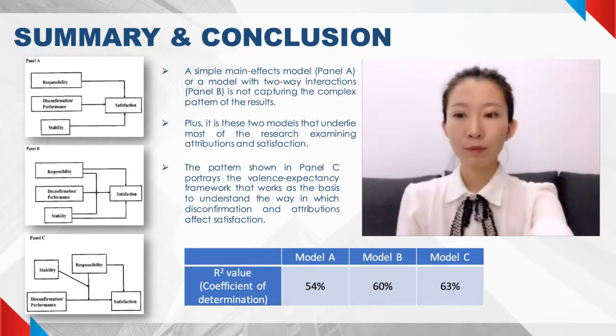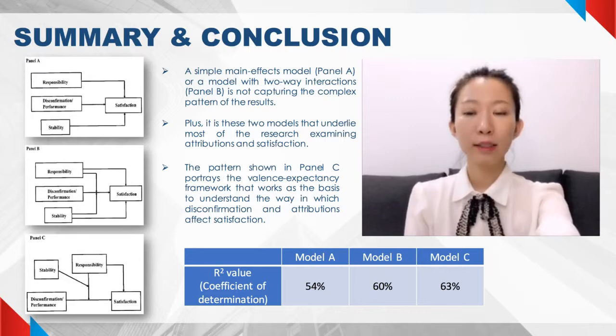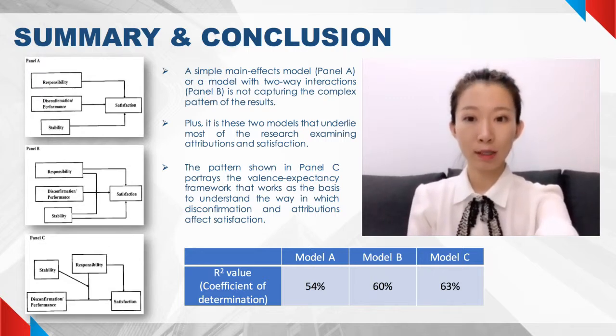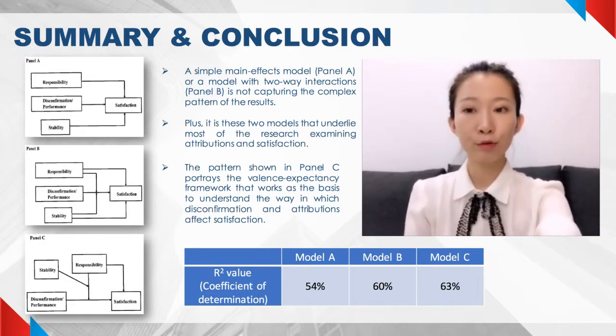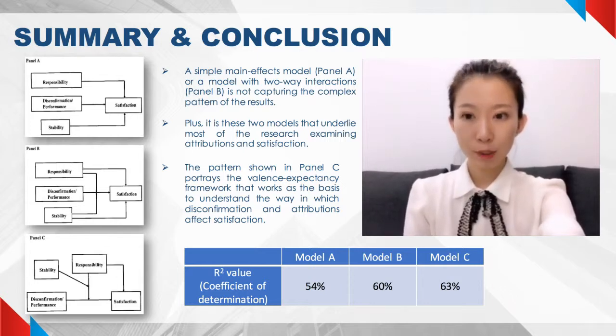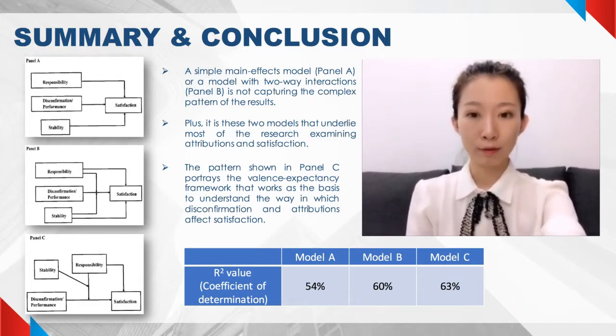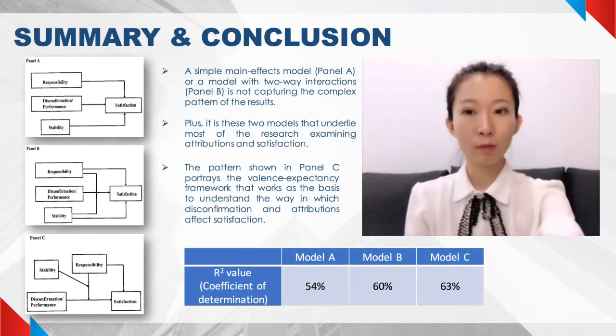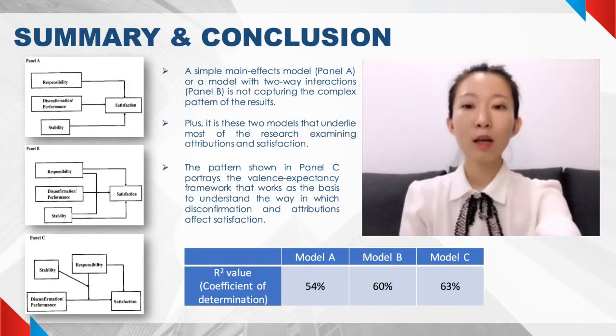In panel B, responsibility, disconfirmation, and stability not only directly influence satisfaction, but they can also be influenced indirectly as well. For instance, disconfirmation will directly influence satisfaction, but it can be moderated by responsibility and stability attributions.